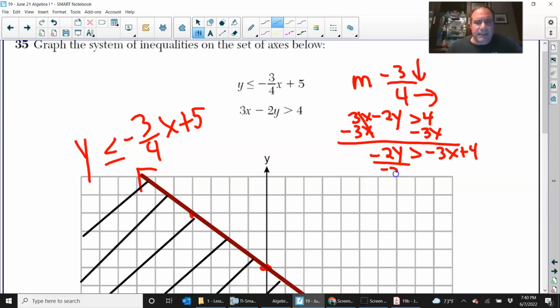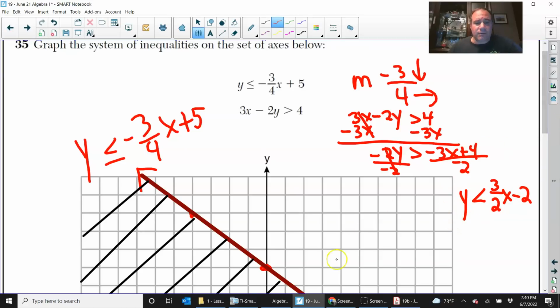Then I divide by negative 2. So I'm going to get y. I'm dividing by a negative, so there is my flip of the inequality. And I'm going to put 3 over 2x minus 2. Right? Negative 3 divided by negative 2 is a positive 3 over 2. And 4 divided by negative 2 is negative 2.